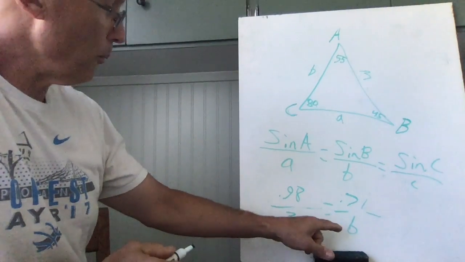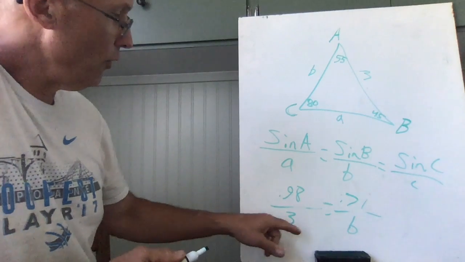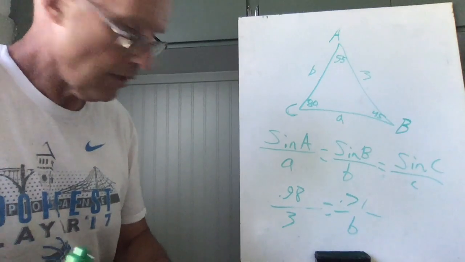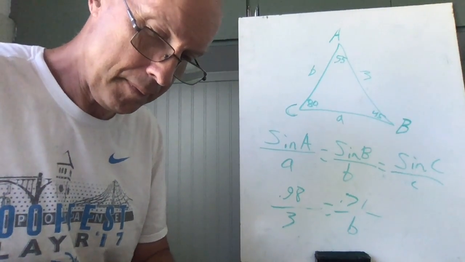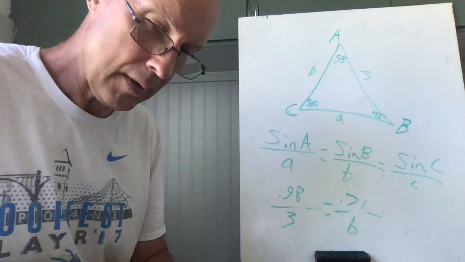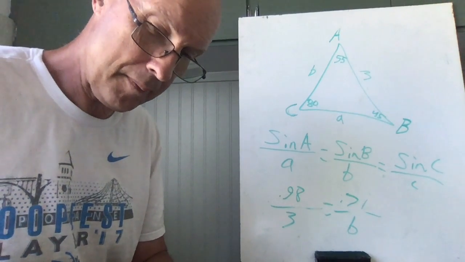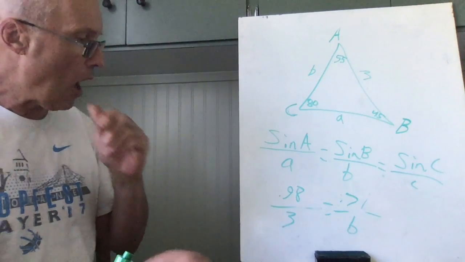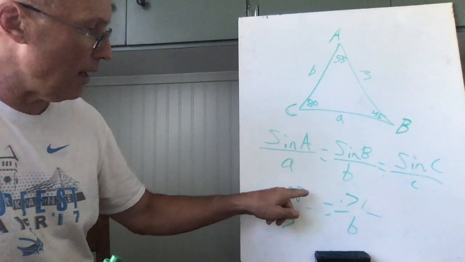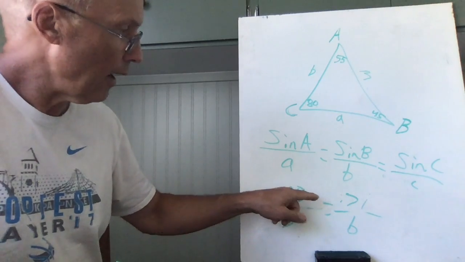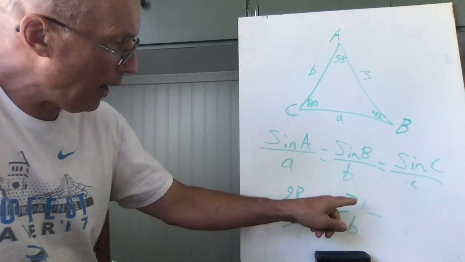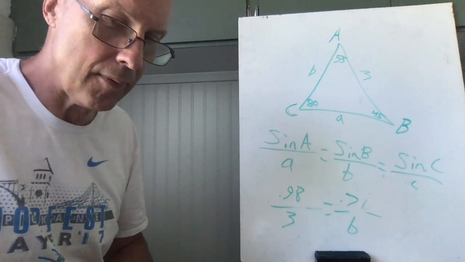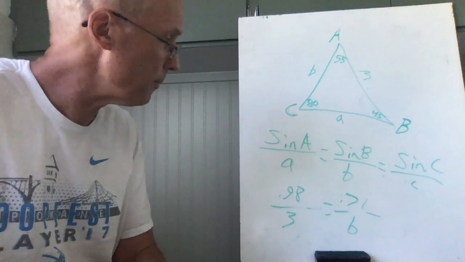And if we want to solve for B, we're going to take 0.98 divided by 3, and then we're going to multiply b times that. And then we're going to divide this by the 0.33, right?